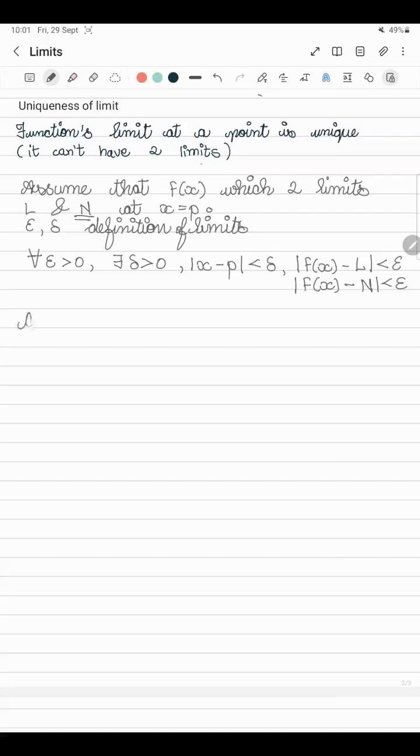Now let's consider mod of L minus n. We will add and subtract f of x from this.